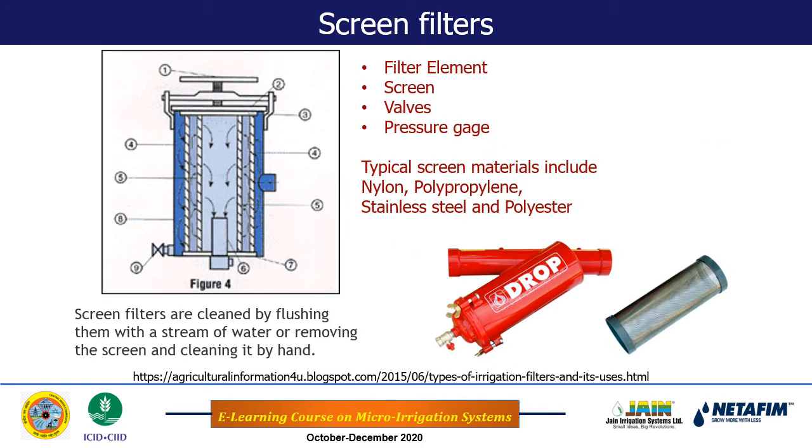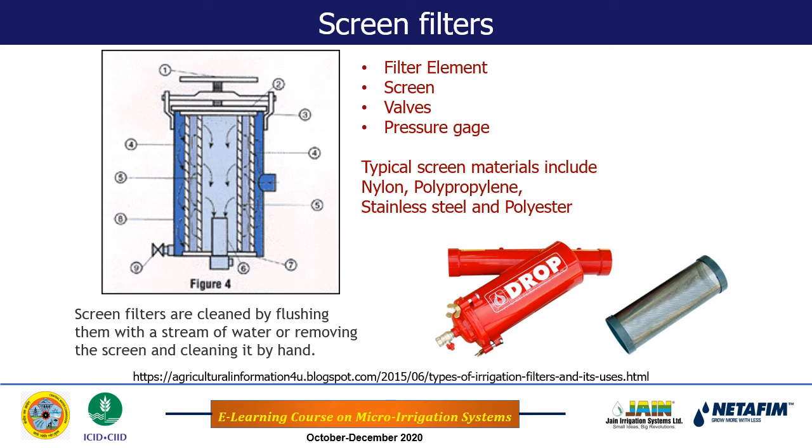Here I have shown you how the flow takes place in a screen filter. This is one typical figure. You see there is one inlet from here, and water is entering here. Then there is the screen element.